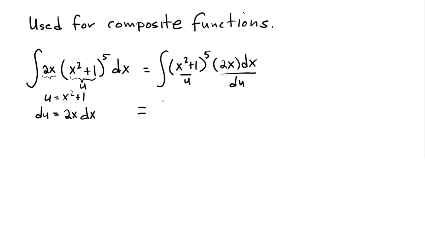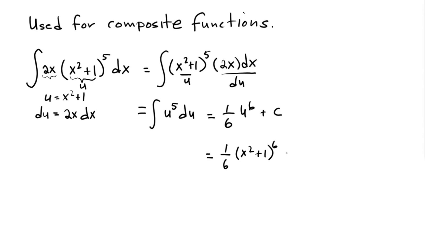So this becomes the antiderivative of u to the 5th du. And that I know how to take the antiderivative of. That is 1/6 u to the 6th plus c, which when I substitute back for u becomes 1/6 times x squared plus 1 to the 6th, plus c.